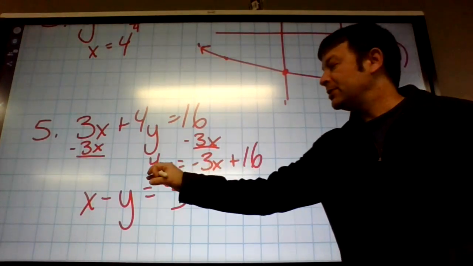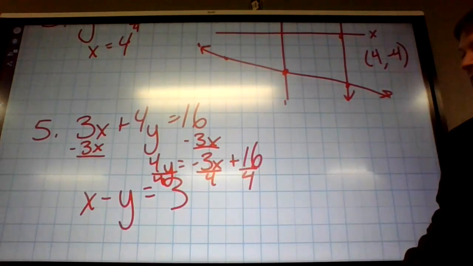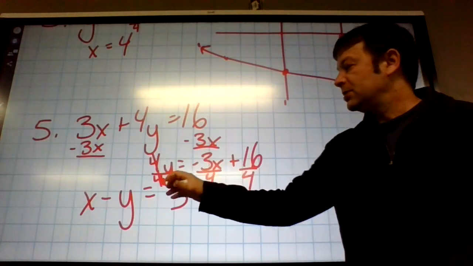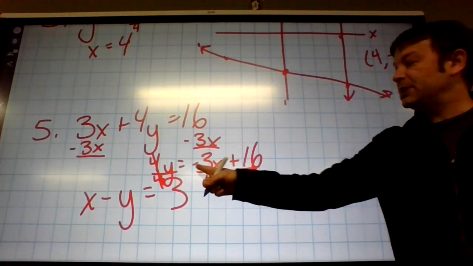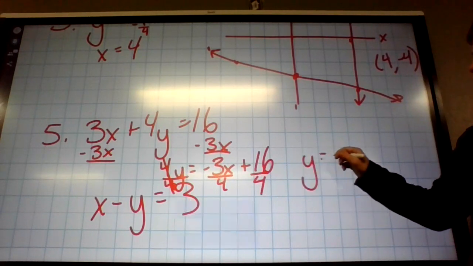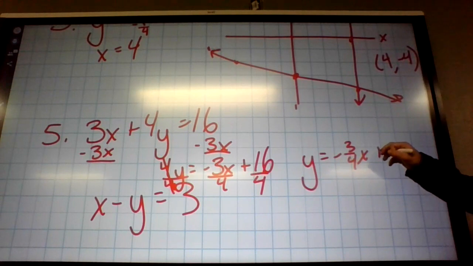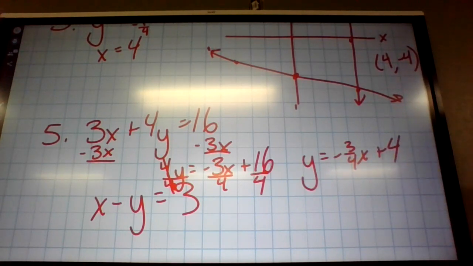Divide by 4. So when you divide by 4, every term needs divided by 4. So we have y equals negative 3/4 x plus 16 divided by 4 is 4.